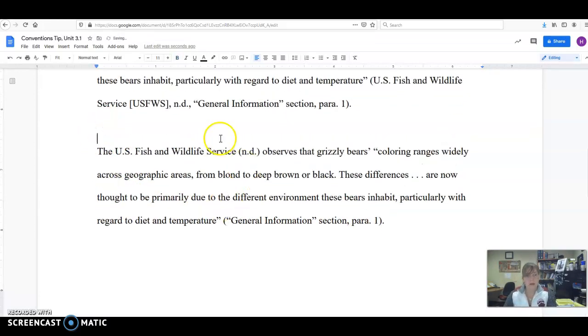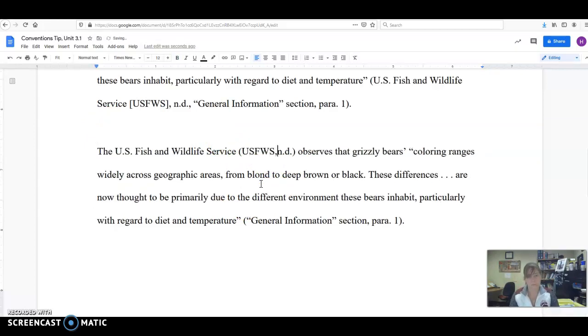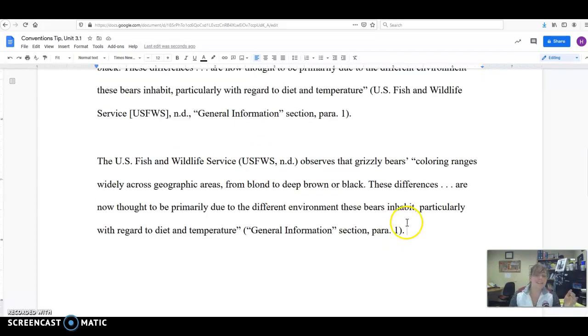So right here, we're going to place our acronym, and then thereafter, throughout the rest of the paper, until we get to the references page, we're only going to use USFWS. It's already been defined for the reader. If they forget, they can flip back to earlier in the paper to find where this acronym was first defined. Okay? That's how we deal with organizations.